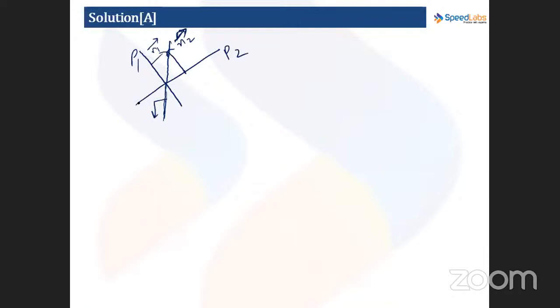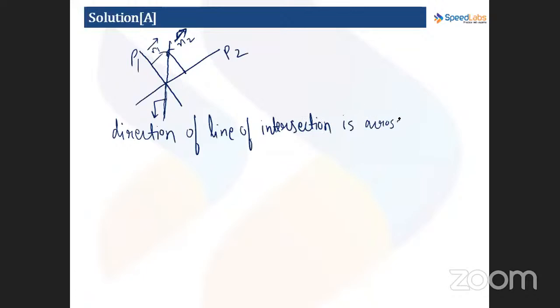So the key here is that the direction of line of intersection is n1 cross n2, the cross product of the two vectors. So let's just find the direction of line of intersection first.